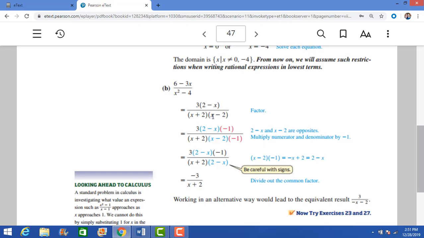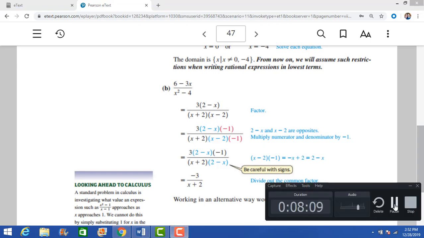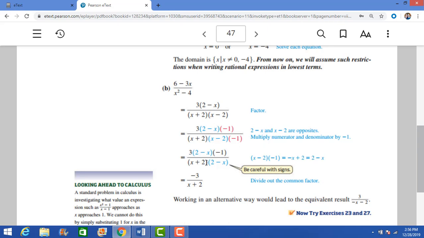So you get x minus 2, so you get the same thing on the top and the bottom. Okay, so what we do here, now I don't like the way they're doing it.